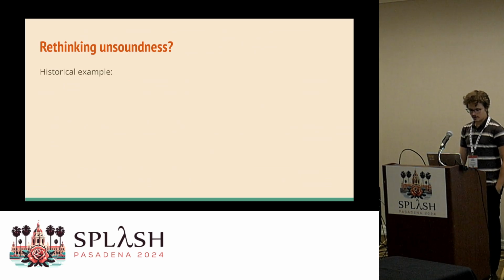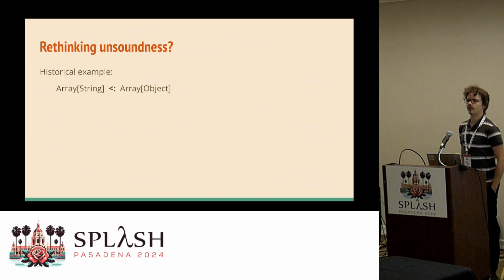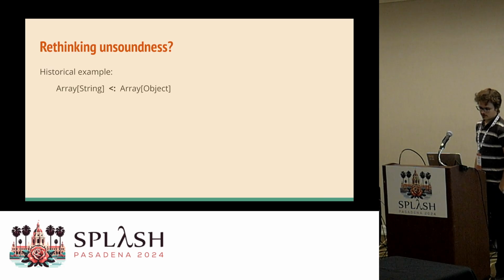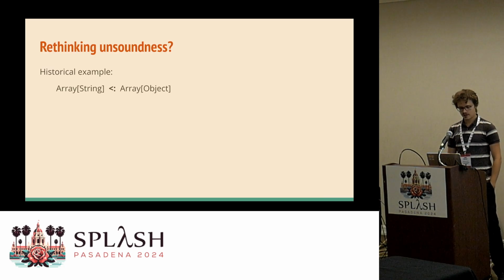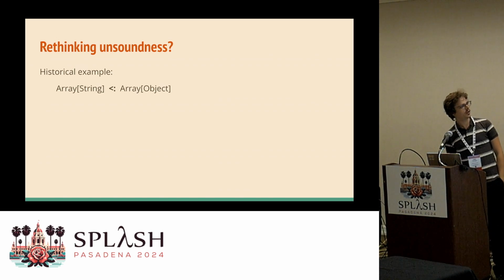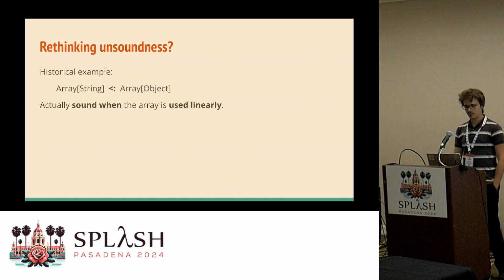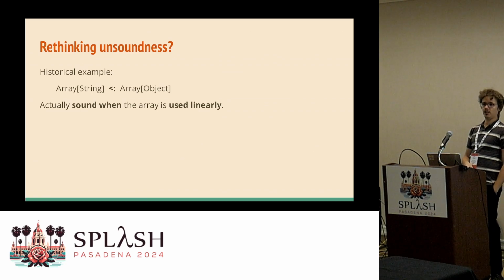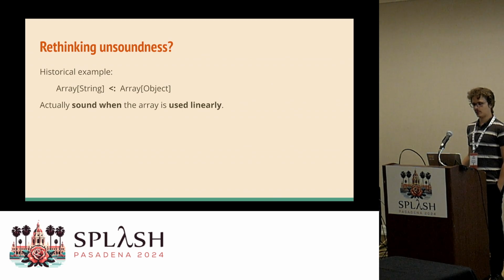Okay. So let's look back at this historical example of a bad subtyping relationship, array of string less than array of object. Actually, we can make it sound by making sure that the array is linear, right? So this actually works. It is fine to say that this subtyping holds as long as array is linear.